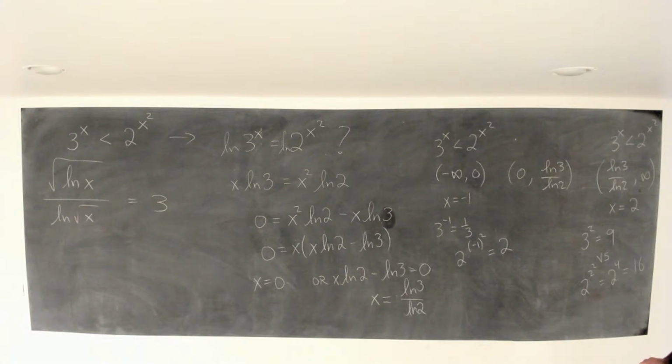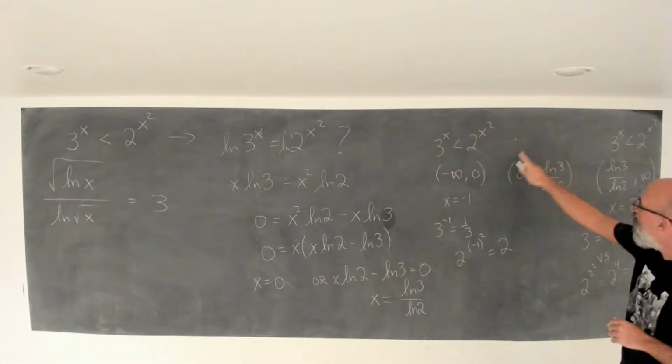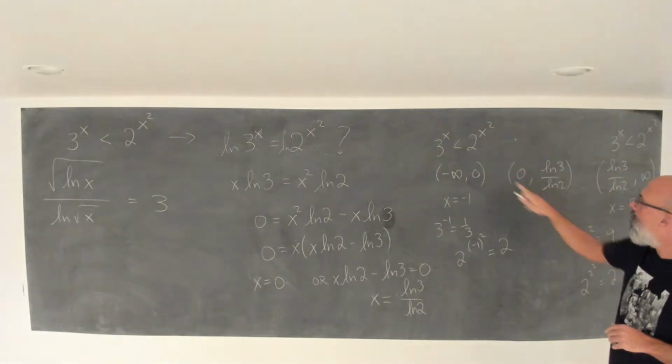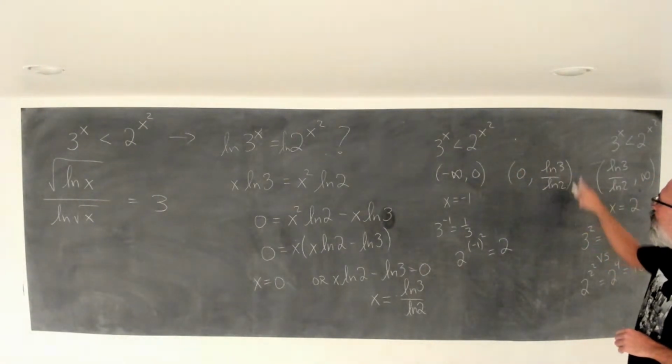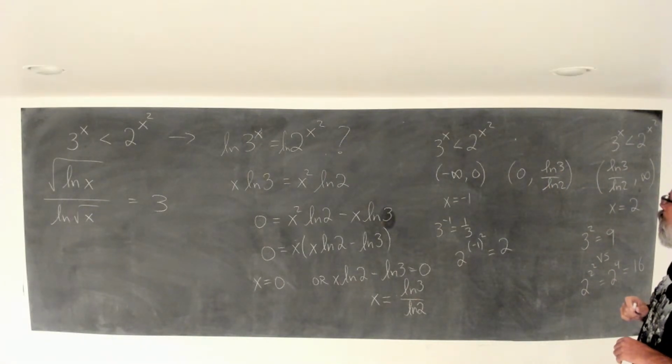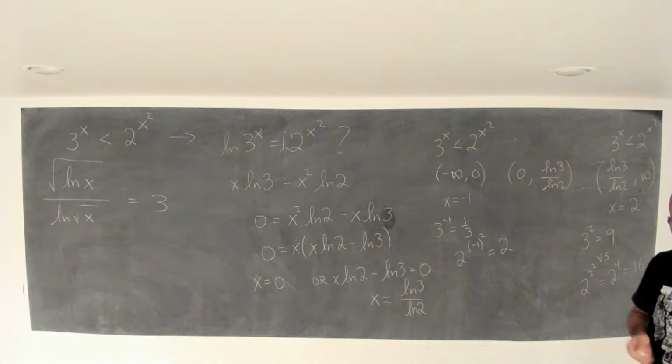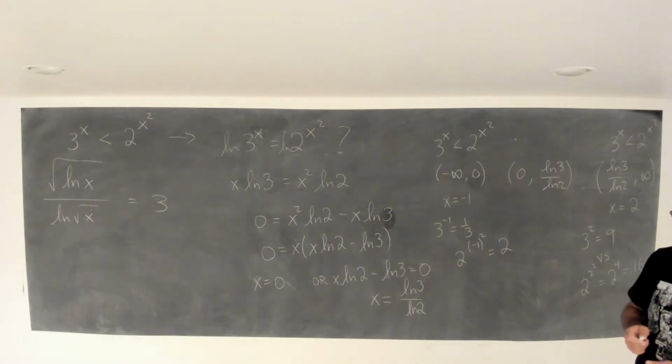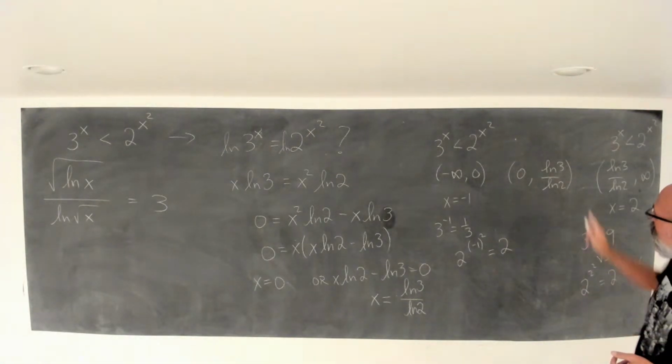And how are we going to convince ourselves of that? You could take any point in here and test. So, you know, if you have a calculator, you can work that out. Now you're thinking to yourself, well, what if I didn't have a calculator? What if this was an in-person exam?